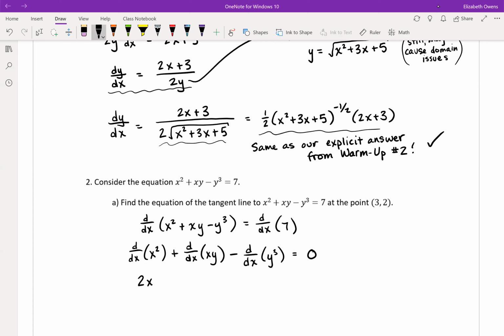So we do need to take a product rule there. Product rule. Okay, so we'll do our first function times the derivative of the second, plus the second function times the derivative of the first. Okay, so there's our product rule.